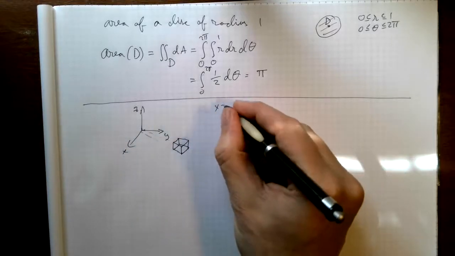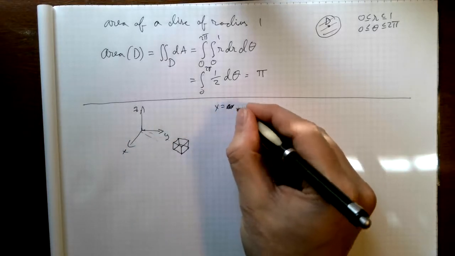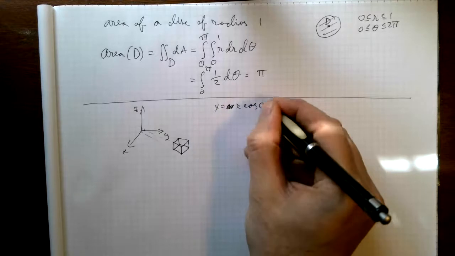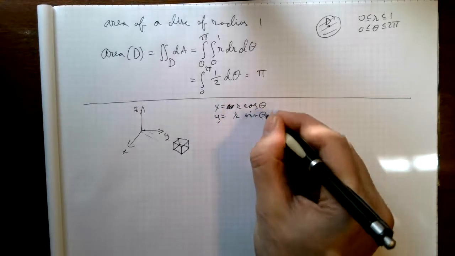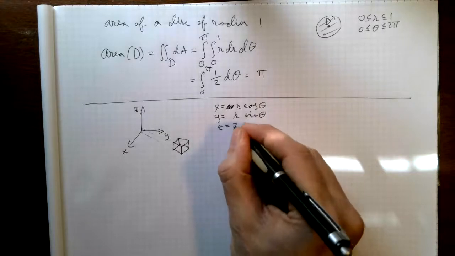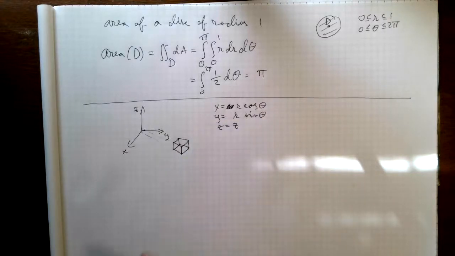So we have x is r cosine theta, y is r sine theta, and z is z. That's our change of coordinates.